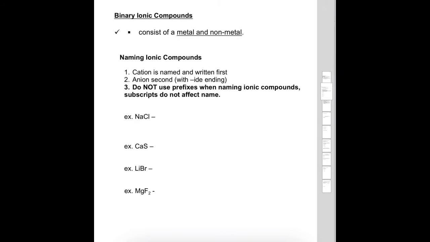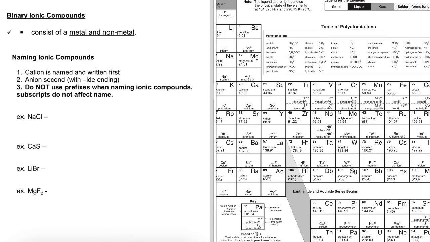Okay, so binary ionic compounds consist of just a single metal and non-metal. Naming them actually is relatively easy. So the first element, which is typically the cation, you just literally write the name. So for this first example down here, we have NaCl. Na, if you look in the periodic table, is sodium. So we just simply write sodium.